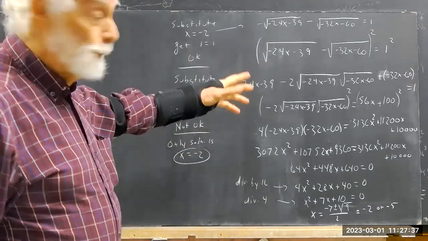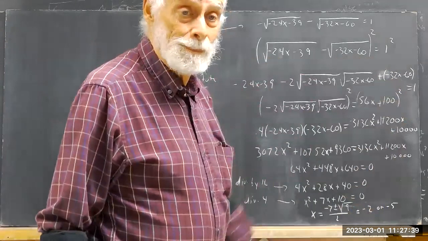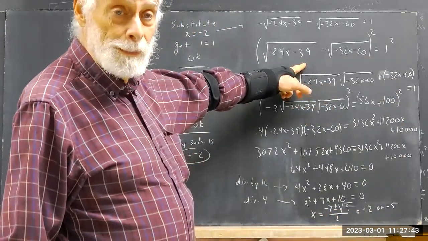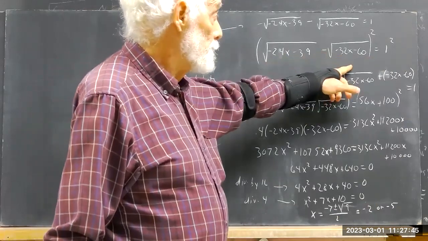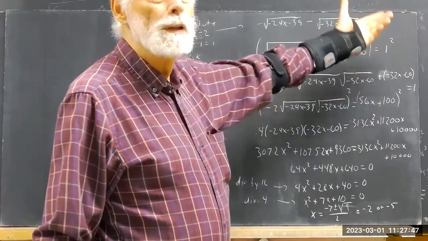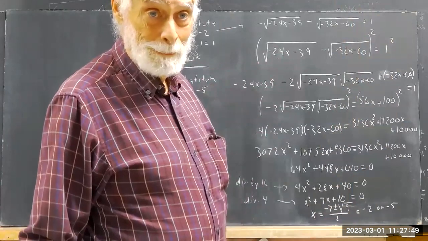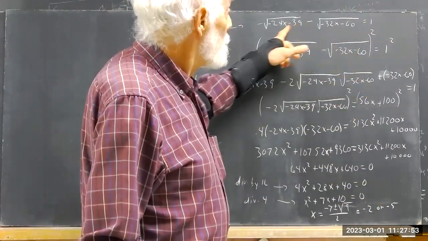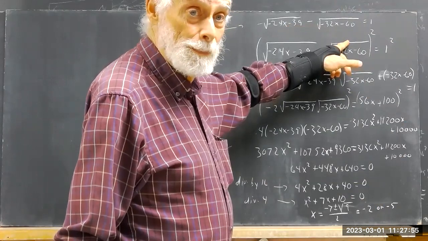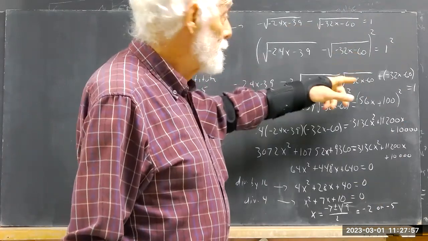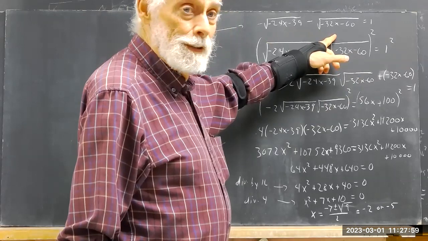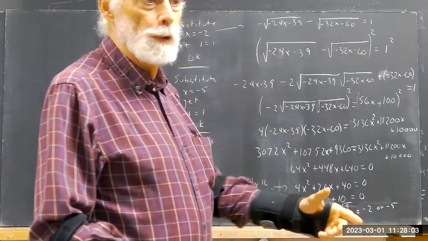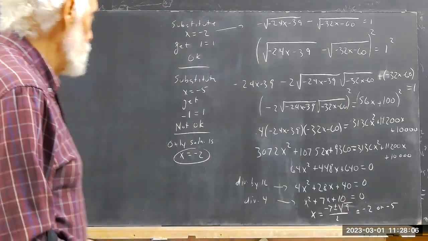What happened was when you squared both sides, well, -5 satisfies this equation because what's inside the parentheses gives you -1. When you square it, you get 1. So -5 does satisfy this equation, but it doesn't satisfy this one, because the left-hand side, when x equals -5, is -1. If you square it, -1 squared equals 1, you get 1 equals 1, and everything is good.